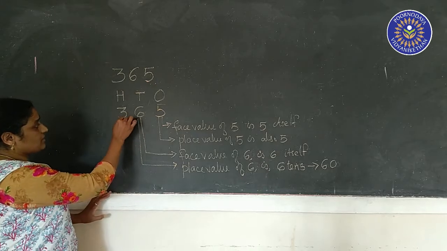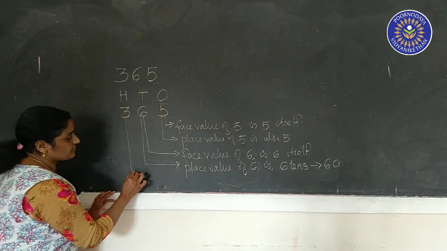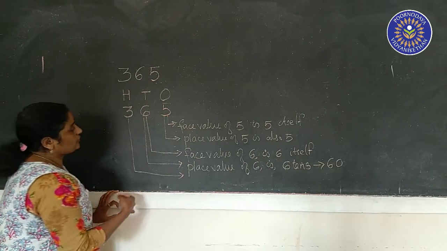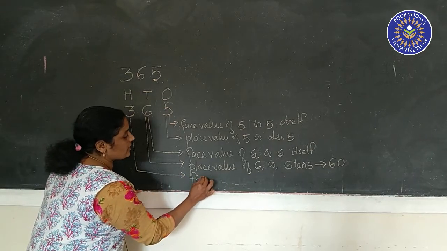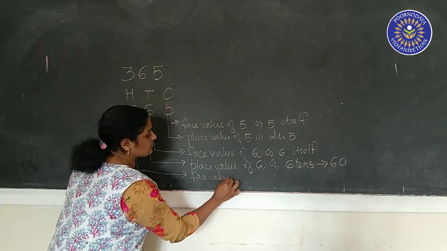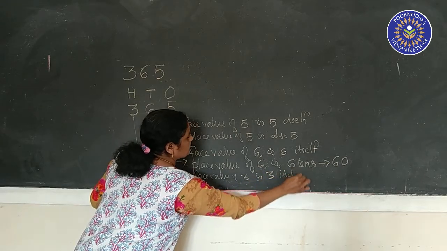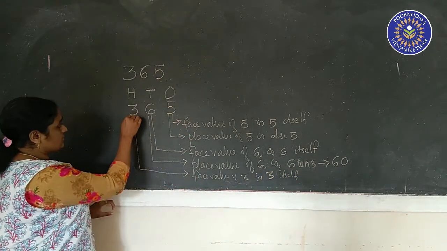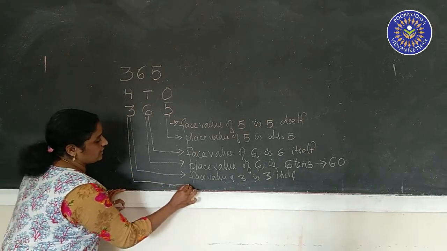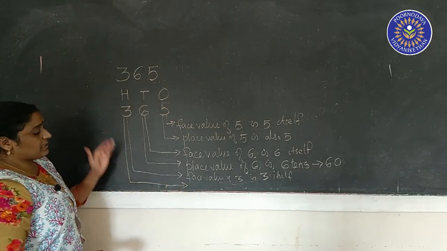Then next, in hundreds place, what is the face value of 3? Face value of 3 is 3. Place value of 3 is in hundreds place.